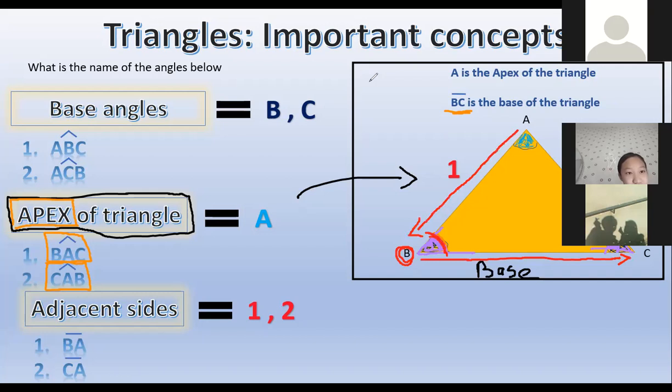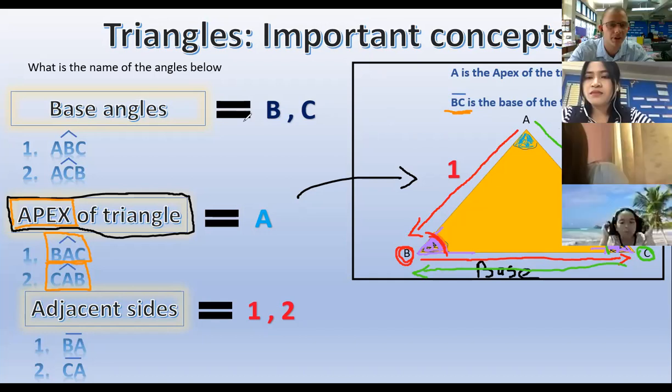For the second one, we can start off with A and we move towards the other side of the triangle, where angle C is also part of the baseline. And then from C, we move across the baseline to B. So then angle C, its name will be ACB.